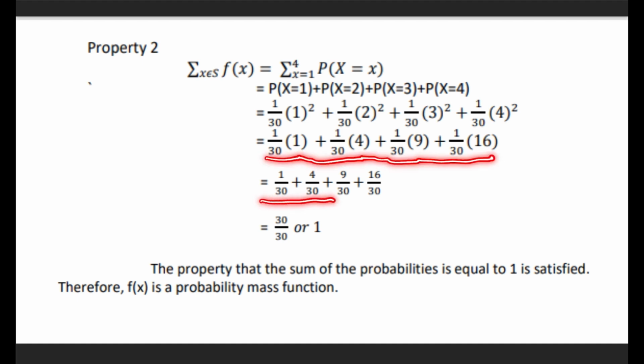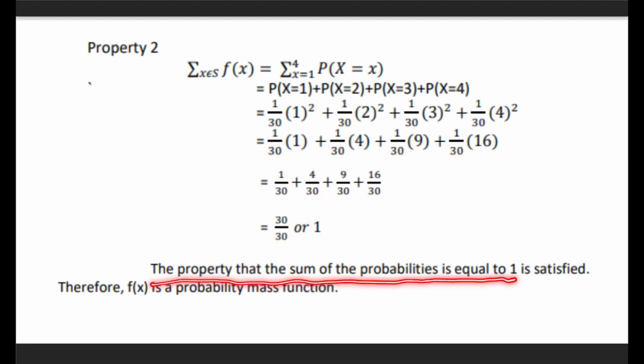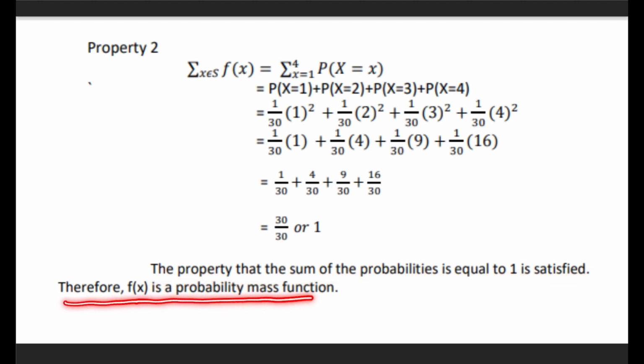That is now equivalent to 1 over 30 plus 4 over 30 plus 9 over 30 plus 16 over 30, which is equal to 30 over 30 or equal to 1. The property that the sum of the probabilities is equal to 1 is satisfied. Therefore, f of x is a probability mass function.